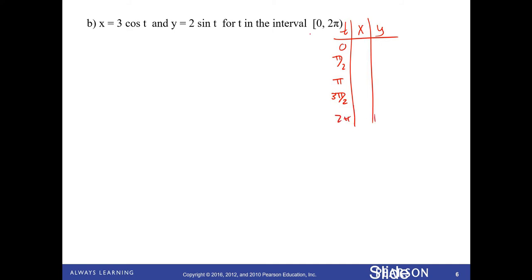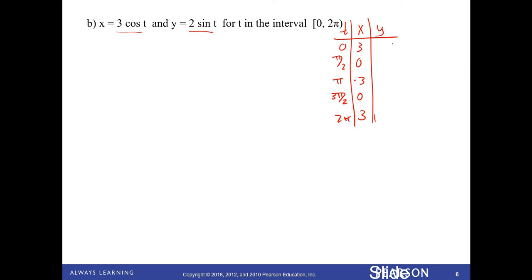So now my x values are cosine again, and so I'm going to start at 1, but since it's multiplied, I'm going to start at 3, 0, negative 3, 0, and 3.